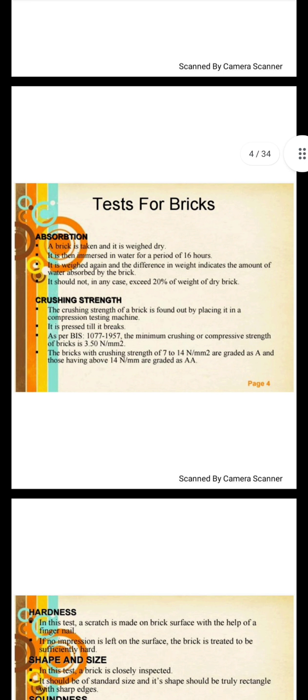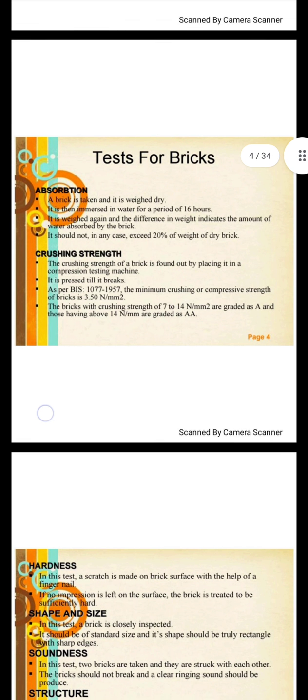As per BIS 1077-1957, the minimum crushing or compressive strength of brick is 3.50 Newton per millimeter square. Bricks with crushing strength of 7 to 14 Newton per millimeter square are graded as A, and those having above 14 Newton per millimeter square are graded as AA.